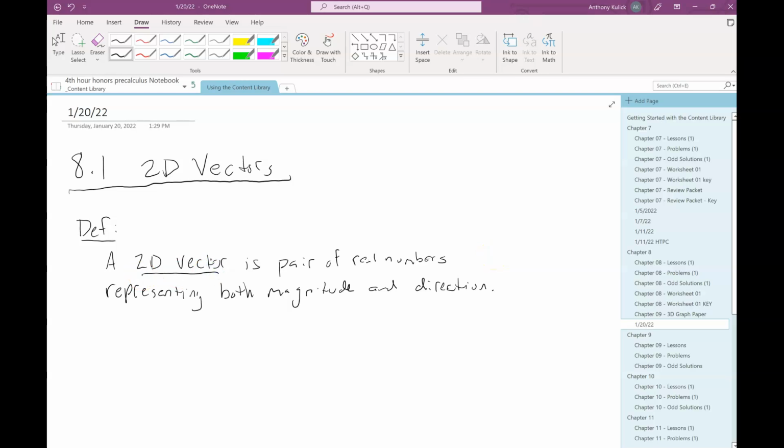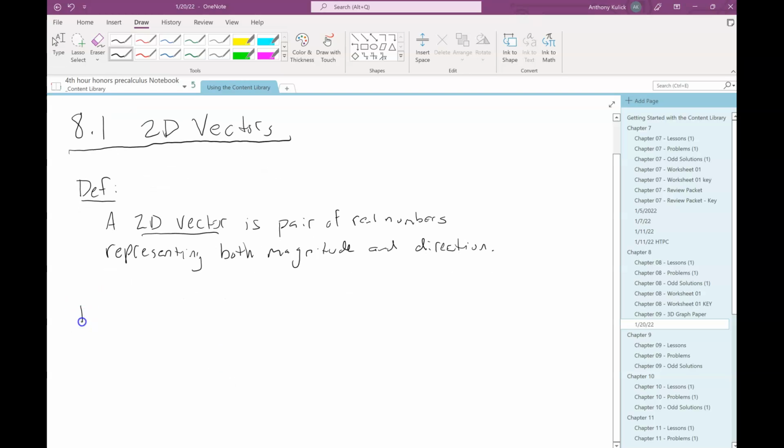So a 2-dimensional vector is a quantity that actually has 2 parts to it. It has a magnitude part and a direction part. And there's several different ways that we can represent one of these vectors.